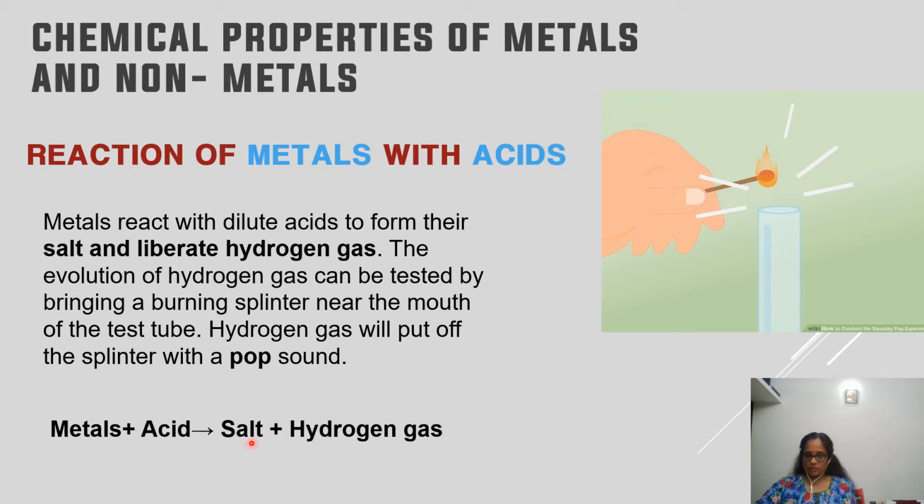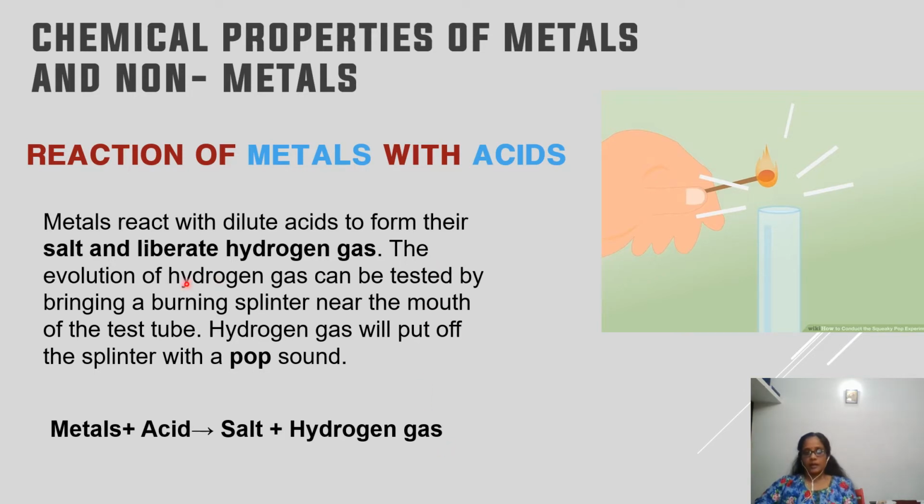You already studied salt in 7th standard, in the chapter Acids, Bases and Salts. So that is that salt. Just see that metal plus acid gives salt and hydrogen gas. This is the important thing: metals react with acid to form hydrogen gas.